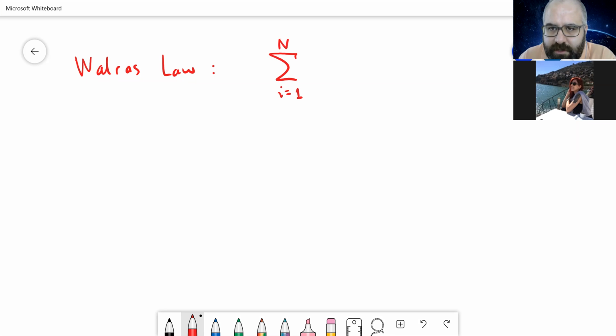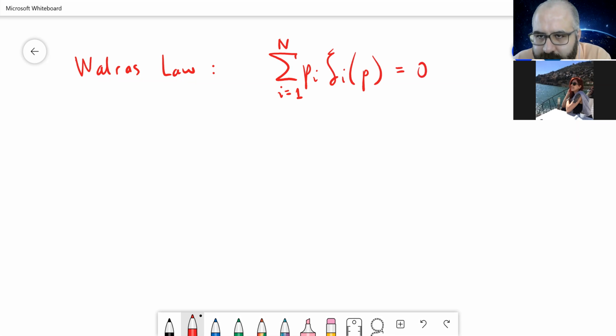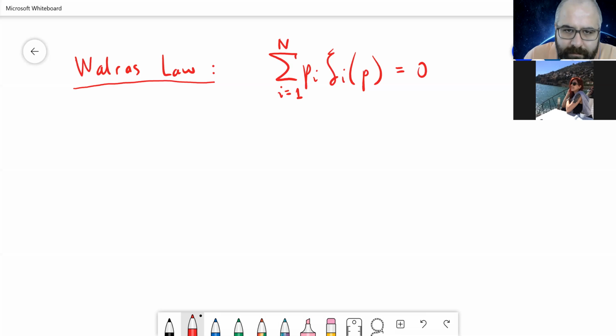In a pure exchange economy, the total market value of excess demand quantities is equal to 0. Now, what's the importance of this? Well, let me write it in this way.